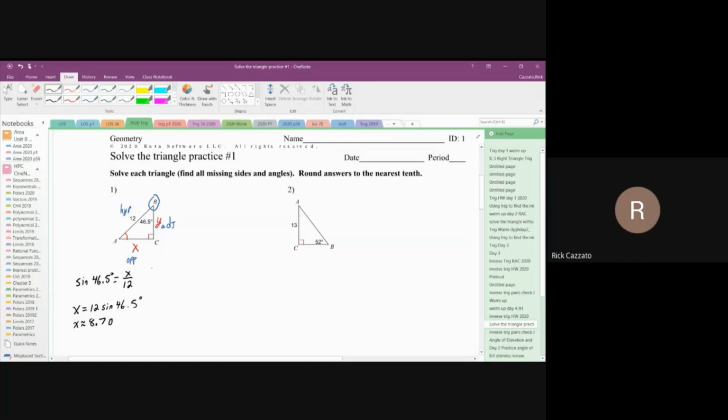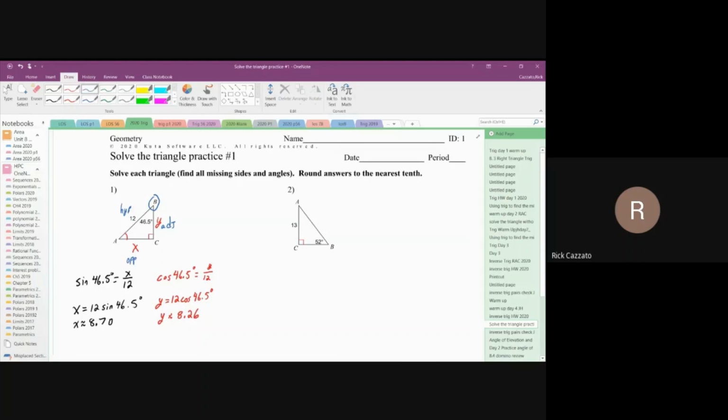To find y, I'm going to use cosine, since cosine is the adjacent over hypotenuse. Cosine of 46.5 degrees is equal to y over 12. Again, I'm going to cross multiply. 12 cosine 46.5 is equal to y. And using my calculator, I get around 8.26 for y.